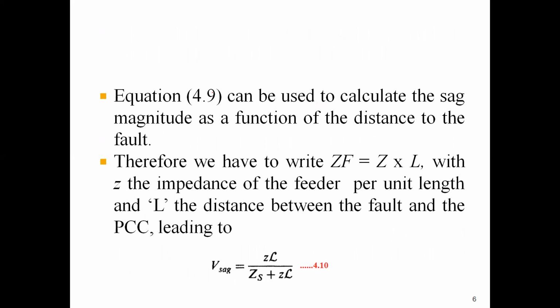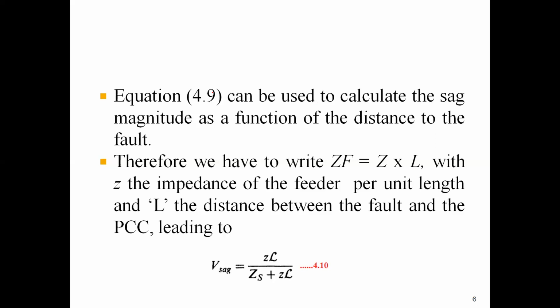The sag equation that you have seen, ZF by ZS plus ZF, which is used to calculate the sag, can also be used to calculate the sag magnitude as a function of distance, that is, as a function of distance to the fault.